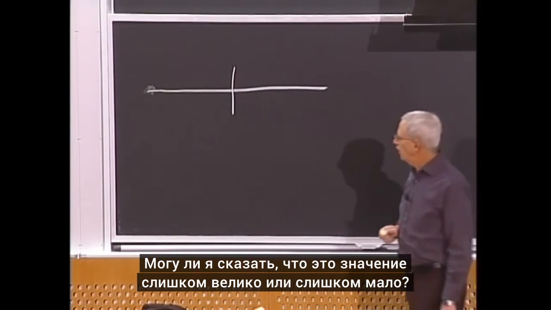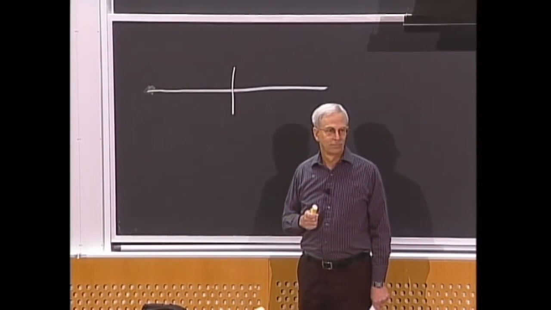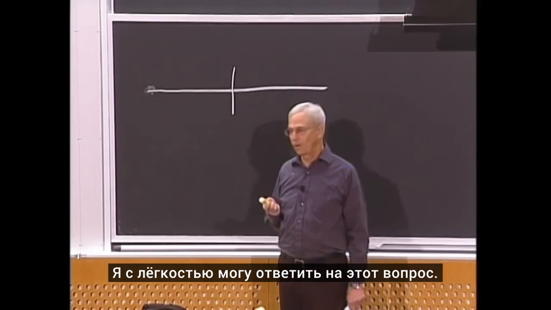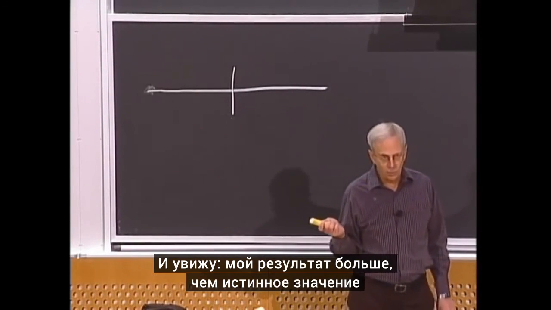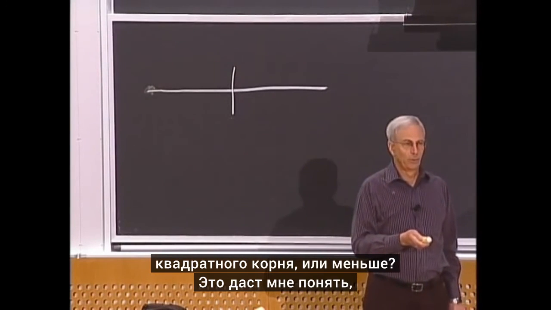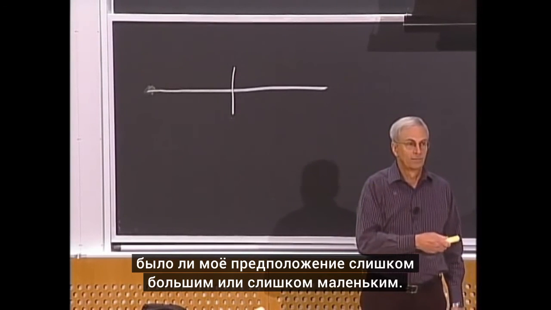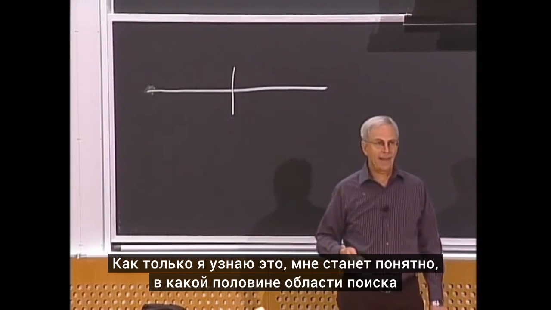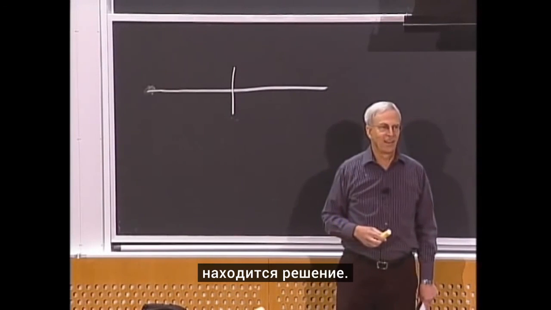And now I say, is it too high or too low? I can easily answer that question. I square it, see is my result bigger than the actual square root or smaller than the actual square root. And that tells me whether my guess is too big or too small. Once I know that, I know which side of the guess the right answer is on.